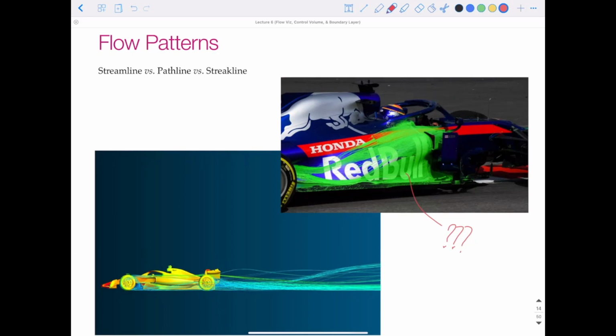What about the one on the bottom? So we have some points for streamline and path line on the top one. And the bottom, this is a CFD simulation of a Formula One car and fluid flow over the aerodynamic components. What kind of lines do you think they're visualizing there?